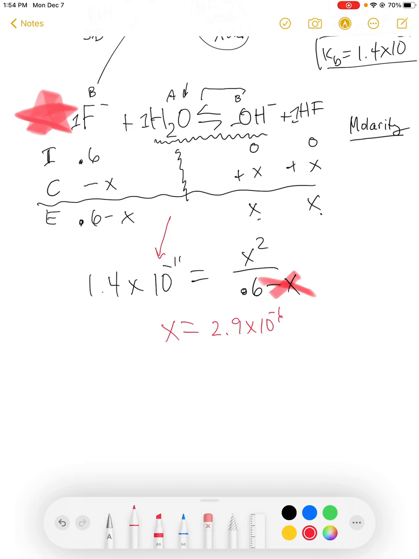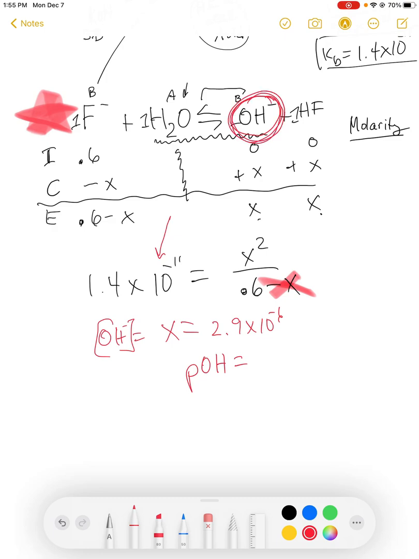And if you take the negative log of that, okay, because that is your hydroxide ion concentration, you get not the pH, you get the pOH. And boy, a lot of you figured out the pOH and reported it as the pH. But look up here, okay?